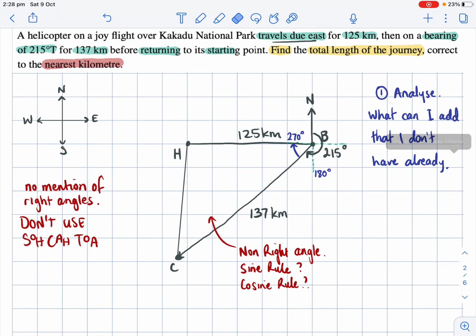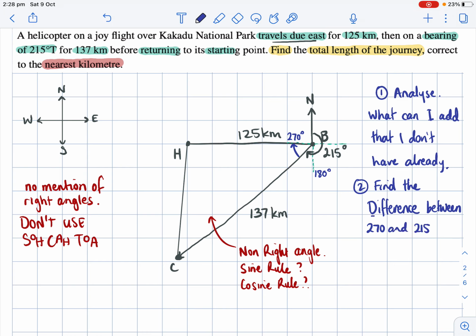So I want to find the difference between 270 and 215. Let's write that down. The reason I've written that down is I find the self-talk, getting that little voice in your head going, is a really powerful way of improving your understanding of mathematics. Find the difference between 270 and 215.